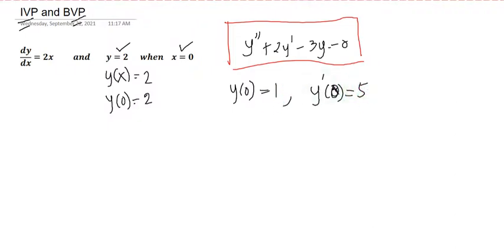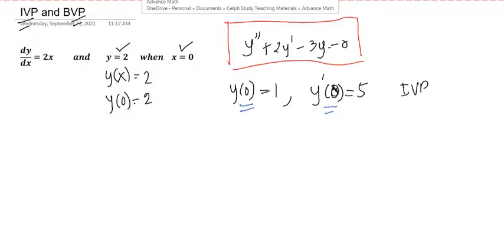Take note of these values: 0 and 0. If nothing changes, both for y and y prime, that will be considered as IVP. But if the value of your independent variable changes, it becomes a boundary value problem.